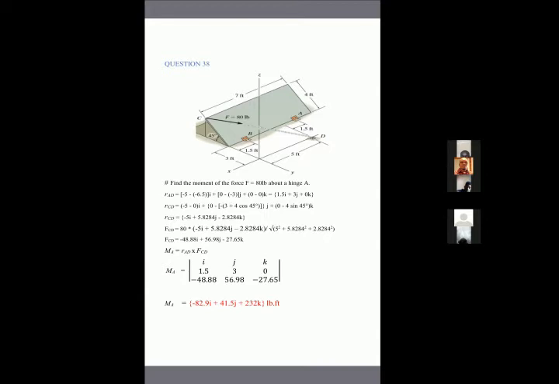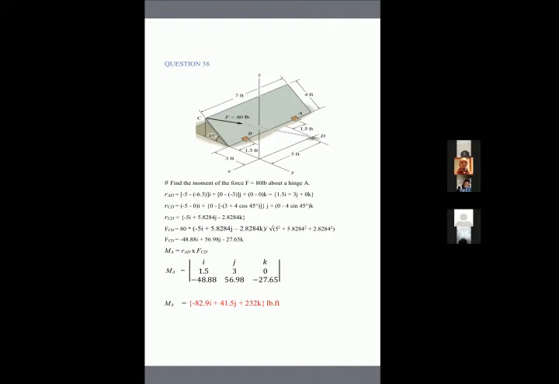So once we have our RAD and also our force in terms of its vector components, getting the moment is simply carrying out the determinant of this matrix, which I haven't shown here because I'm sure by now we are all familiar with it.